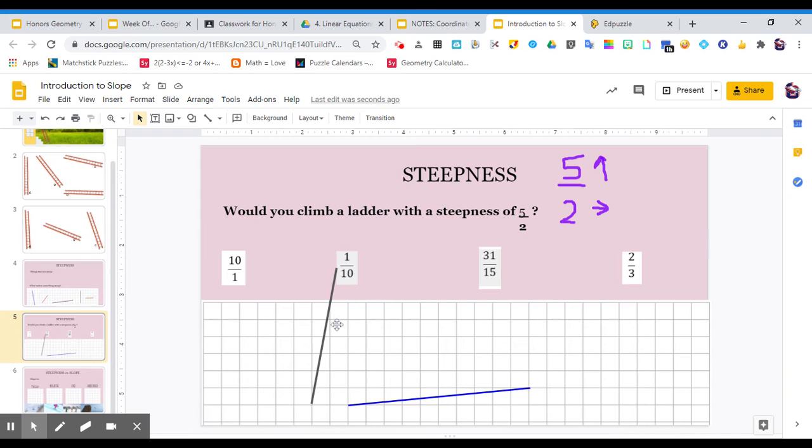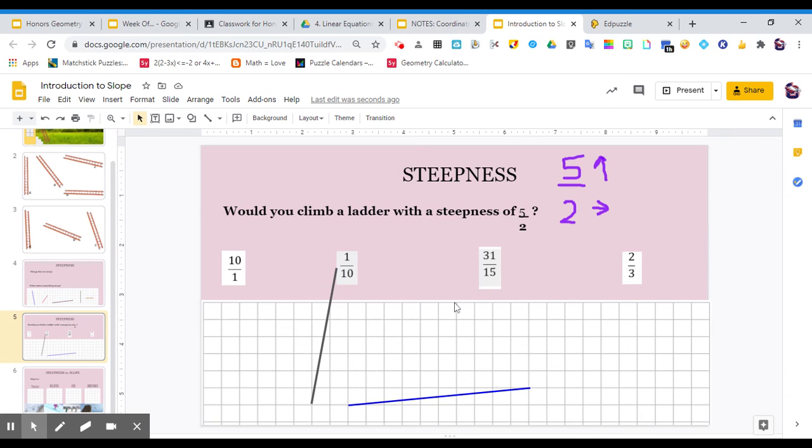Which one is 10 over 1, the black one or the blue one? The black one, right? Because this one goes up 10 and over 1, where the blue one goes up 1 and over 10. You can also tell because the top number is higher, which means this is a steeper line. Look at that difference between the numerator and the denominator.